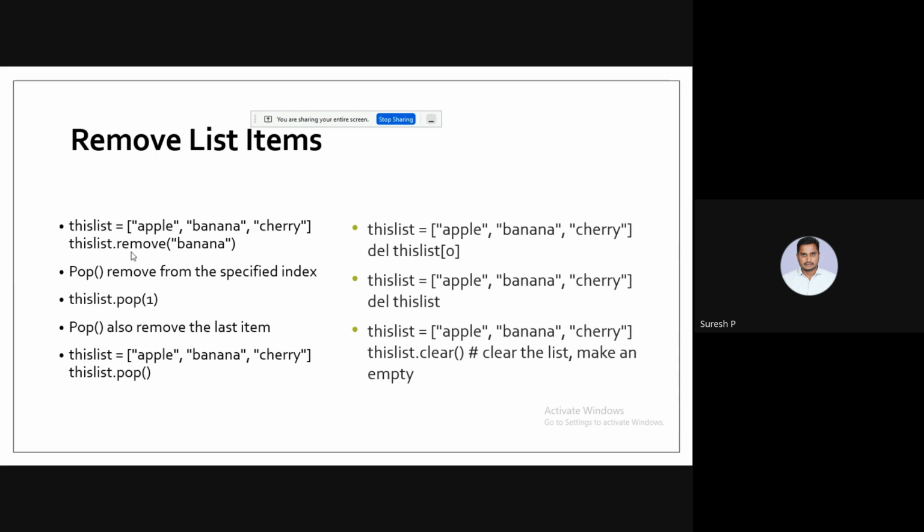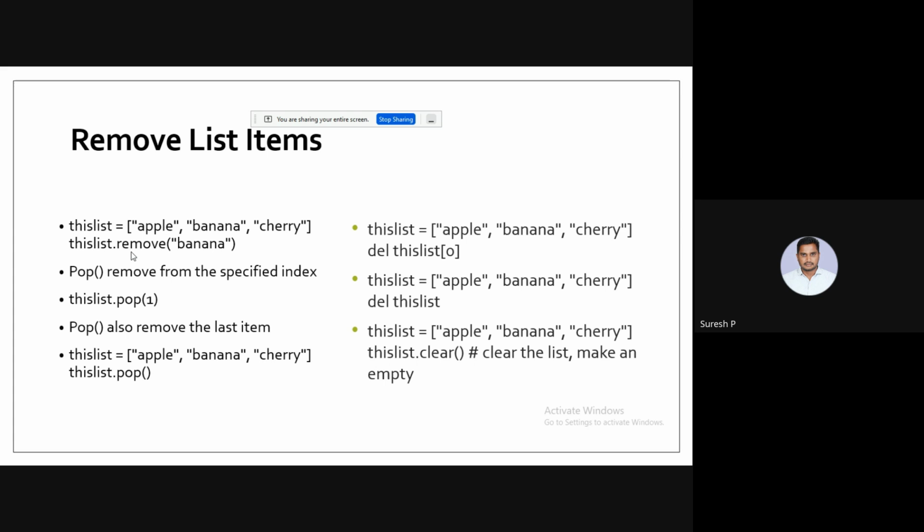Okay. Then the next one is one more built-in method called del, that is delete. When you give delete of list of 0, the 0th indexed element will be removed. Then delete of the list means the entire list will be removed, completely removed from the workspace.